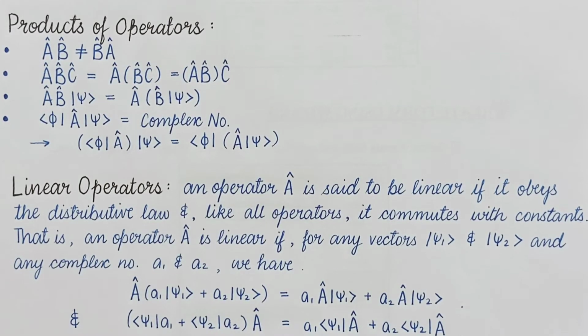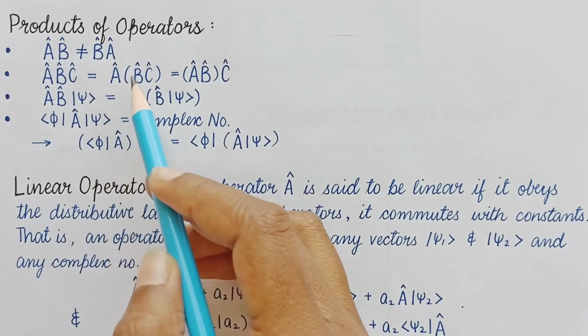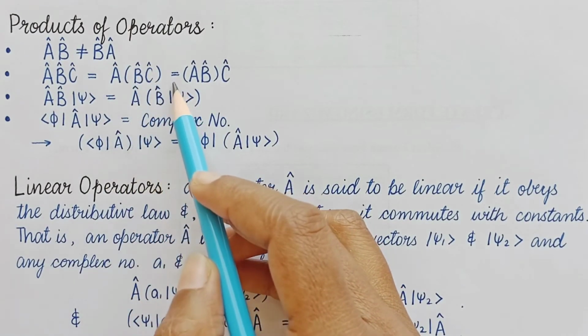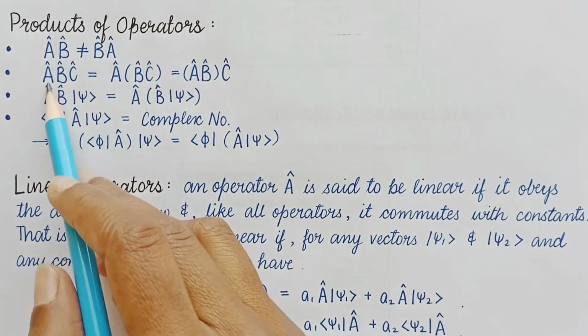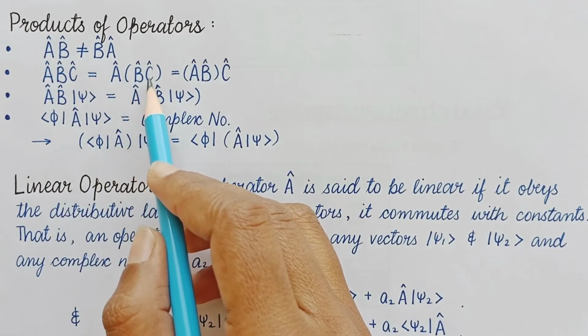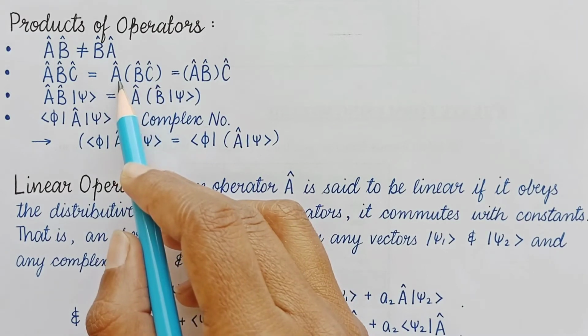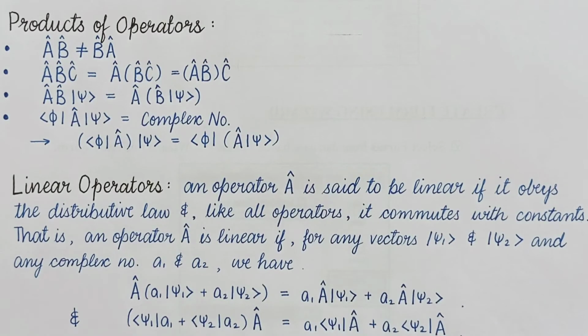But it is associative, means ABC is equal to A bracket BC equal to AB in bracket C. So if there are three operators, it does not matter whether we do the product of BC first and then with A, or AB first and then with C. It would be equal. It follows the law of associativity.